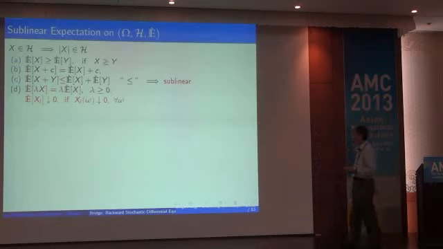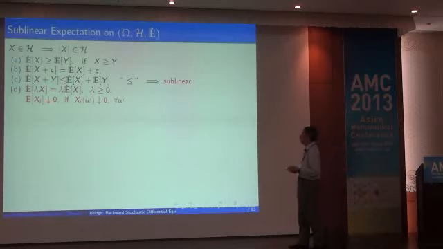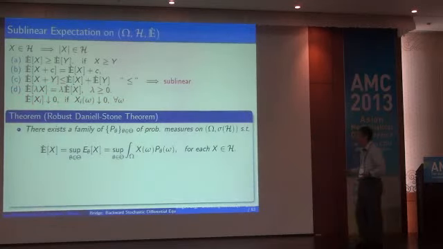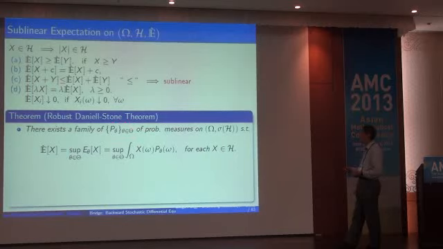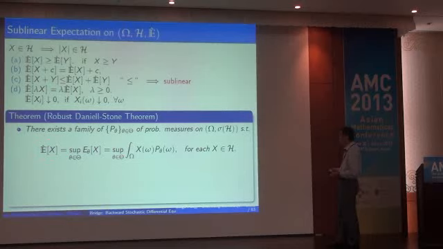If we assume that E is downward continuous, then we still have what we call the robust Daniel-Stone theorem, which tells us that there exists a family of probability measures defined on the same measurable space, such that E hat x is the supremum of these expectations or integrations.